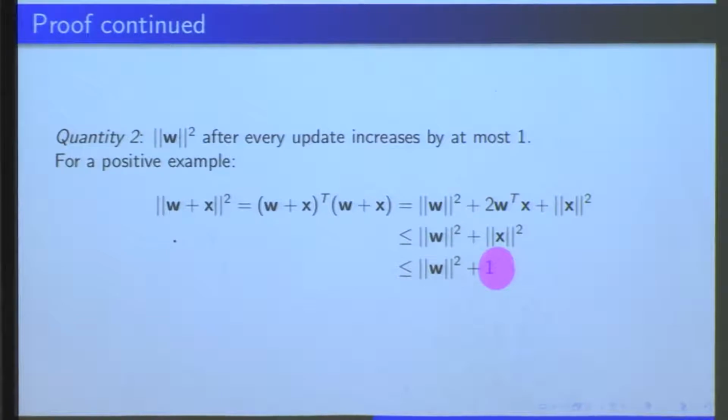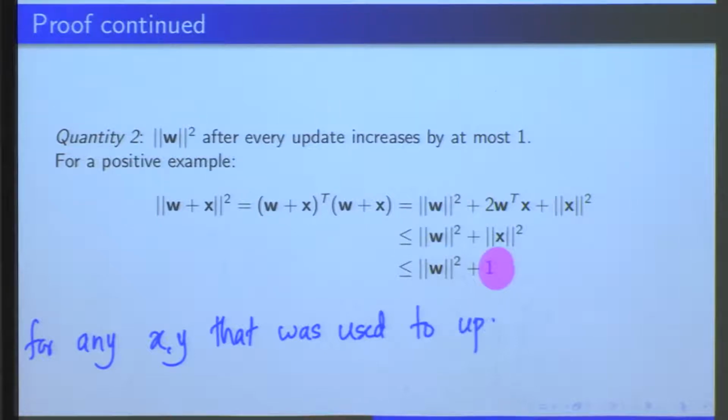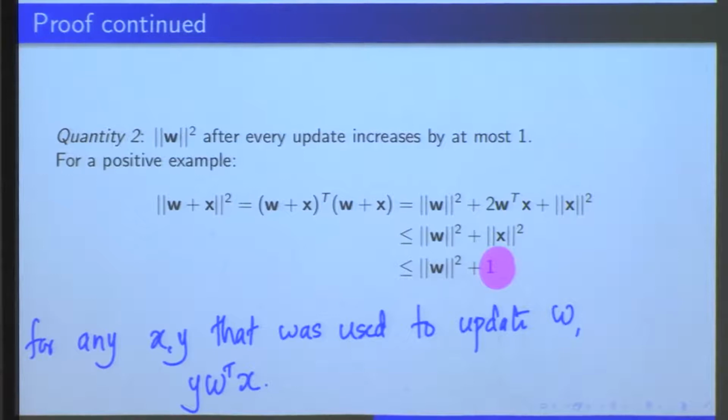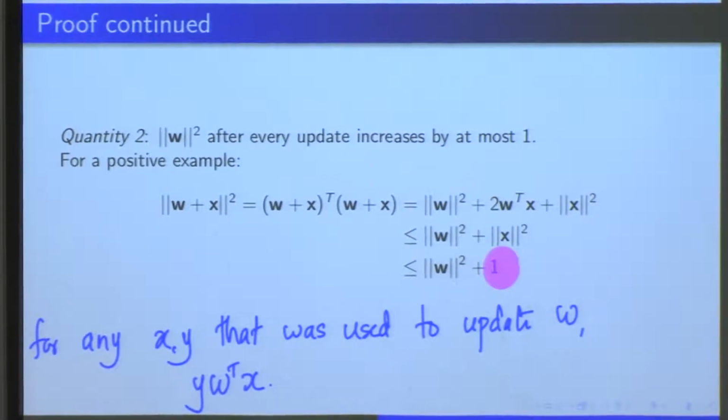So what do you know about w transpose x for a positive example, or in general for any x, y that was used to update w? What do I know about y times w transpose x? I do this update only if the signed distance is negative.